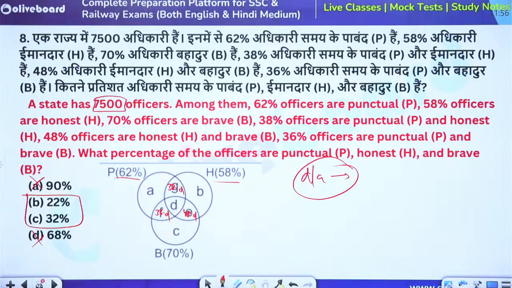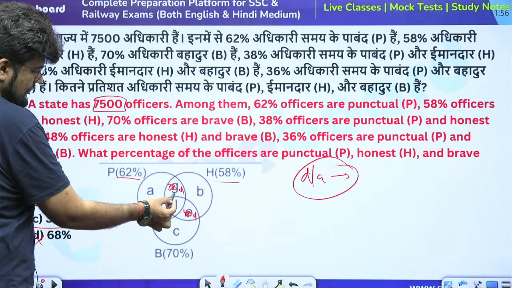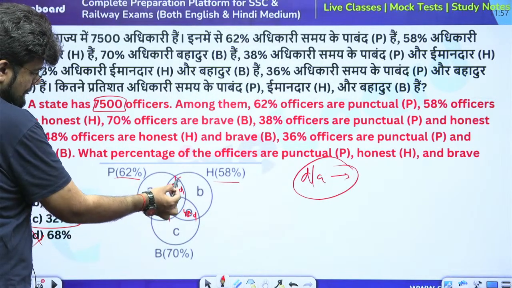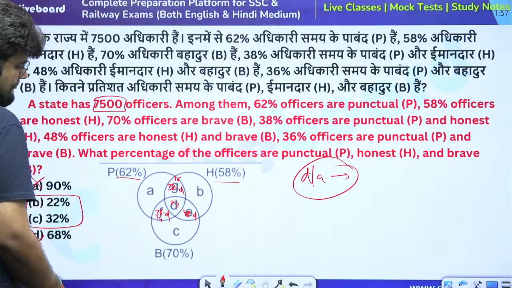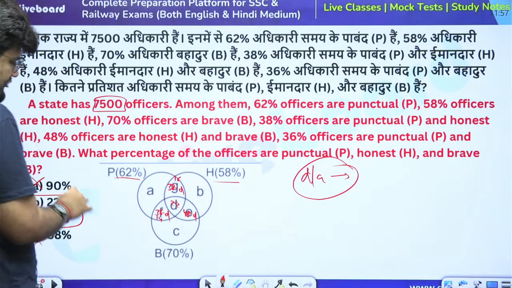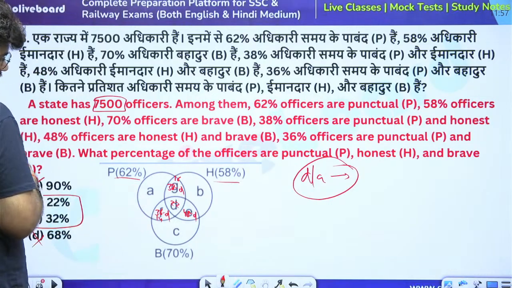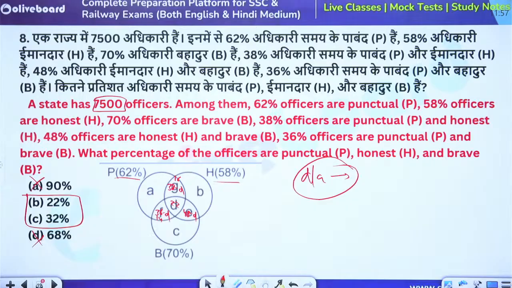If I give it as 22, you can check it randomly. Let's see. 22. So this is 16. This is 22. This is 14. And this is how much? 62 minus the sum of these 3. 16, 14 is 30. 30 and 22 is 52. 52, 62 is 10.